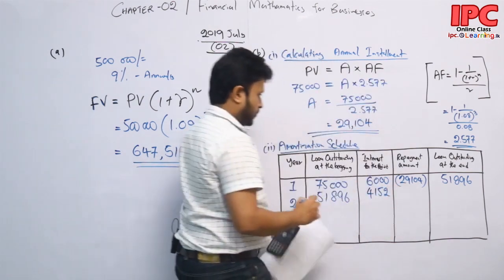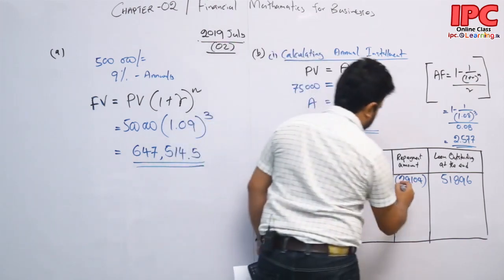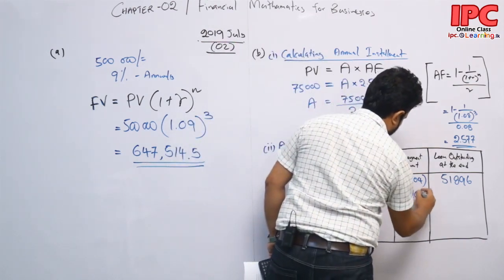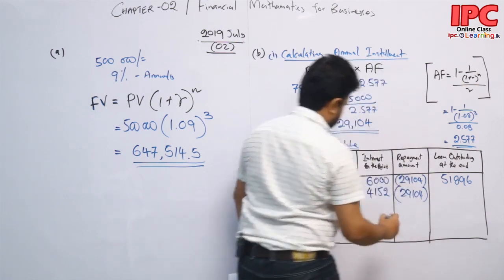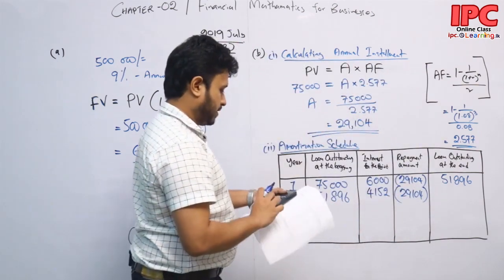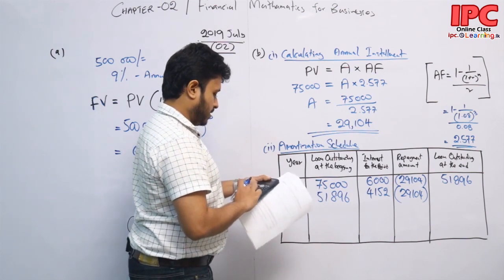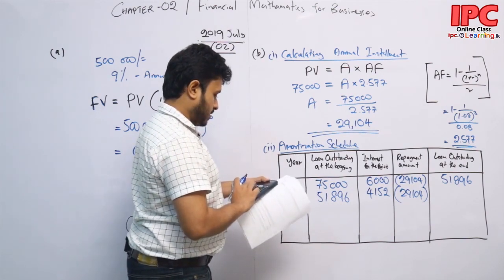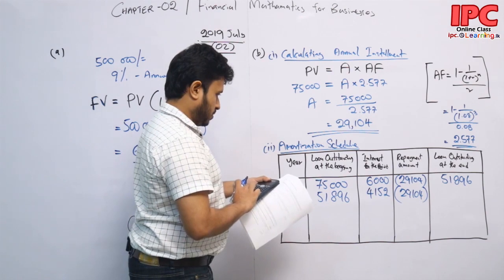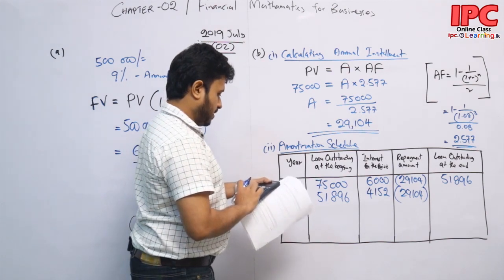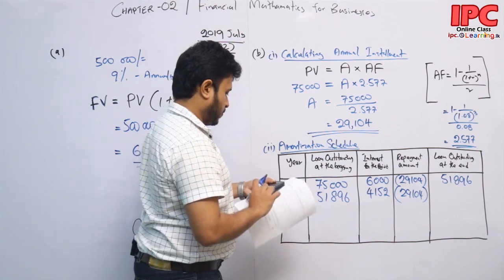4,152. Again we are paying 29,104 rupees as our second installment. So we are adding 51,896 plus 4,152 minus 29,104.